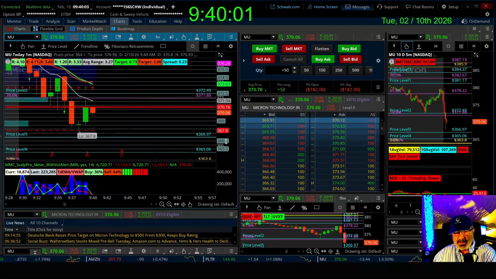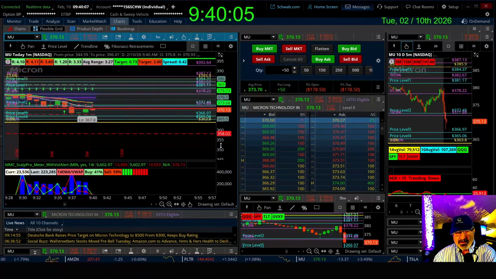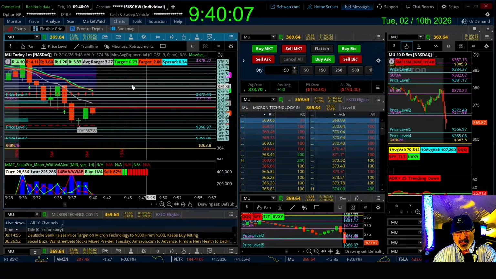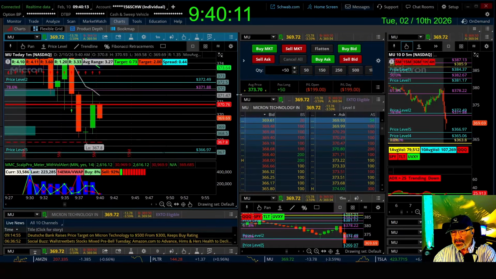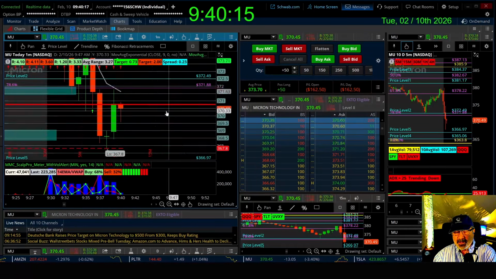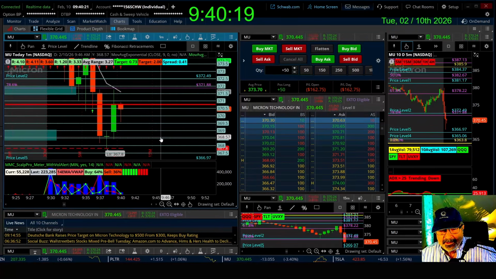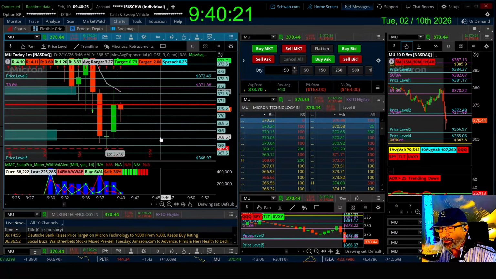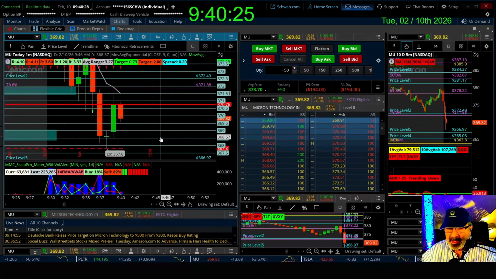Is the magnet below or above? Oh, it's up here, so that's not good. Nope, it's going to go down before it goes up. Anyway, I'm not at all slightly worried that this trade will not become profitable. Said with confidence.